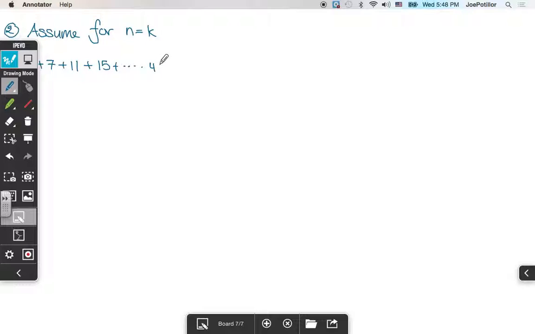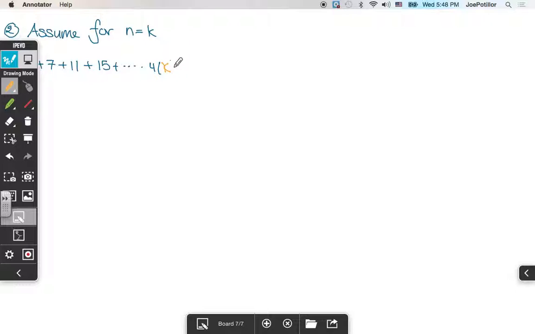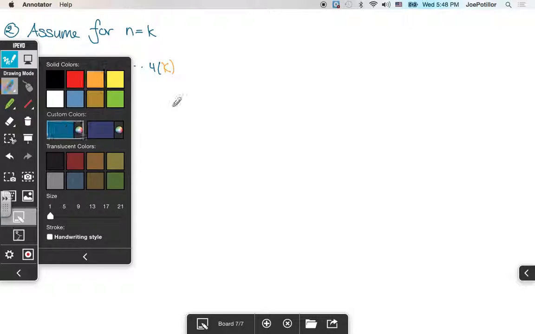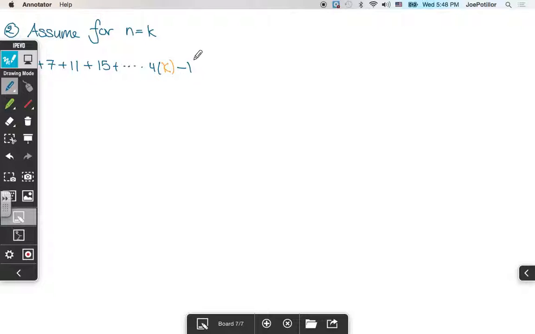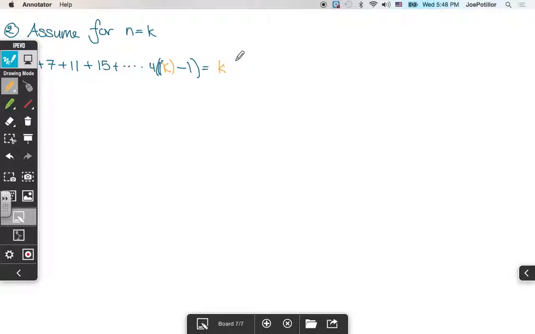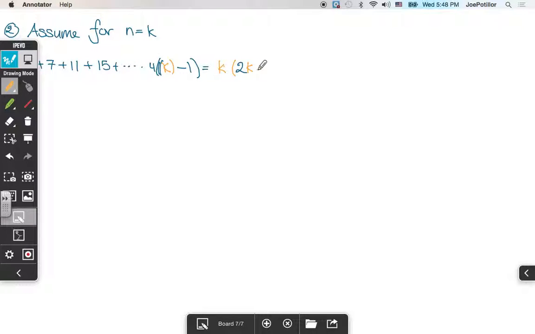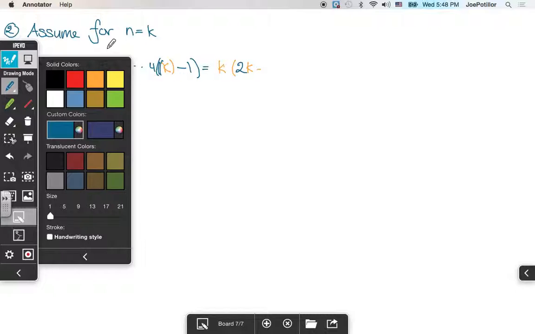Plus 4, and then we'll replace it with orange k. Minus 1. And that will equal, we'll use the same orange to represent k, times 2k plus 1.